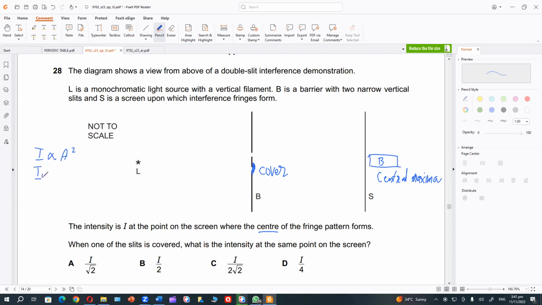Now you people have to help me. I have reminded you of this formula also. Half of the light is gone.